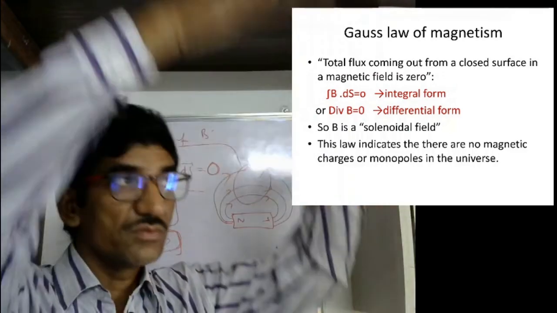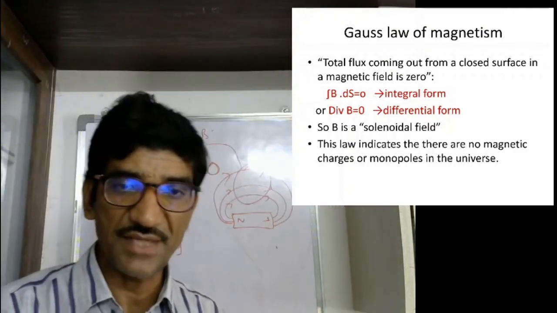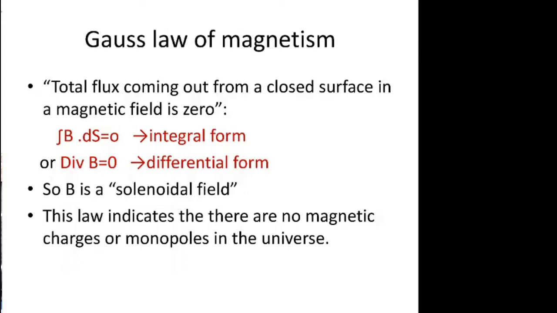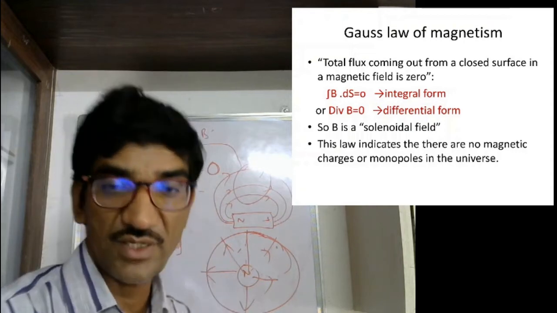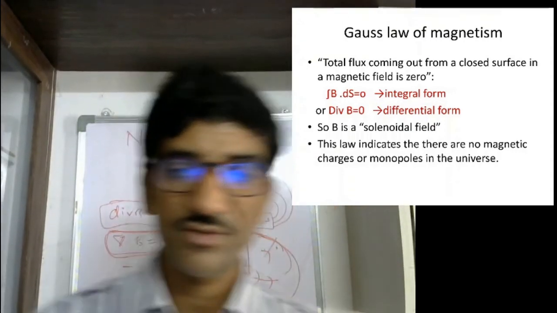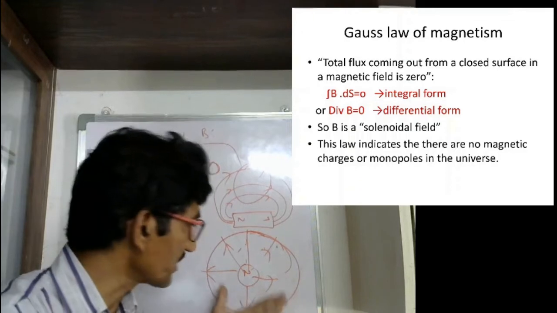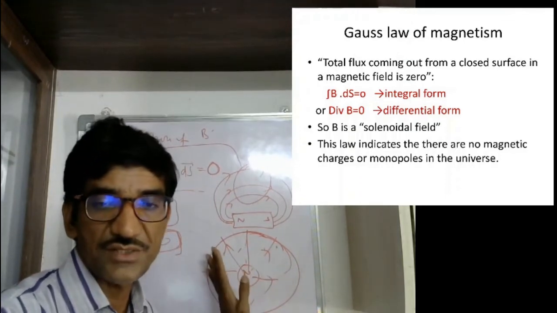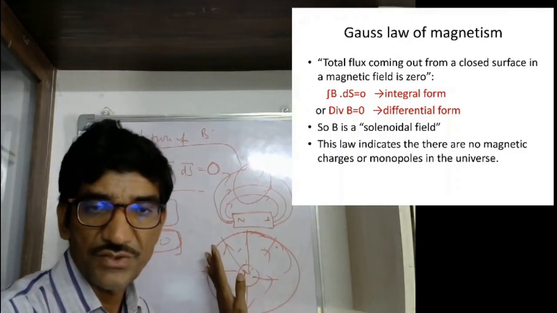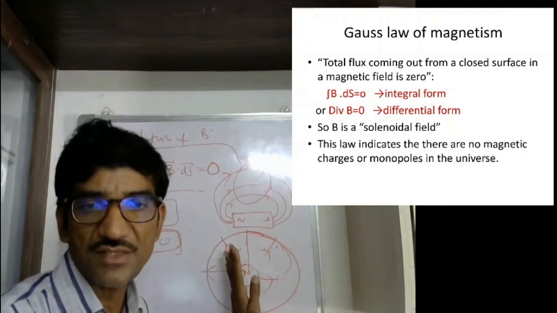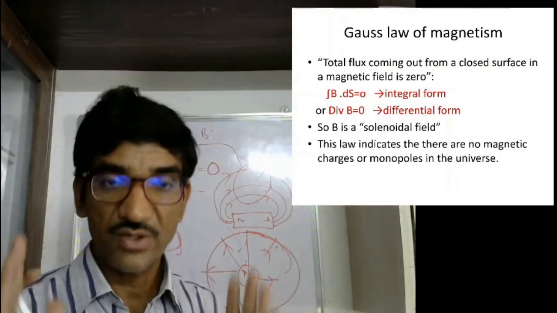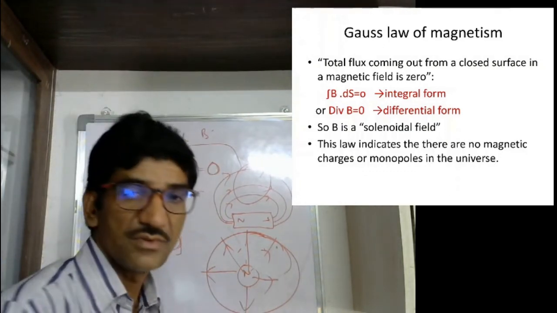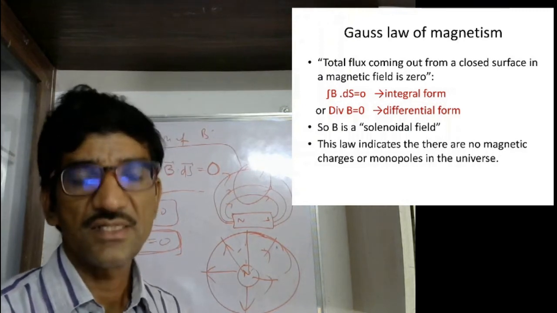They cannot go to infinity like electric field lines. That happens when you have an isolated north pole or south pole. Say 1, 2, 3, 4, 5 lines are coming out from this closed surface. So you have non-zero flux if you have a single north pole or single south pole.